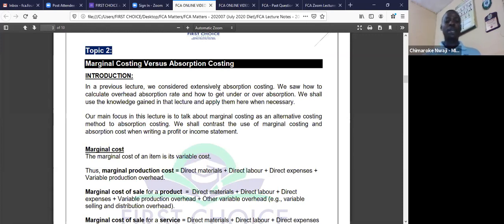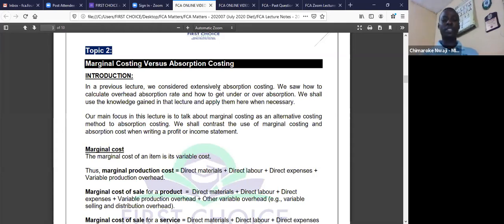So when we say marginal production cost, now we are channeling it down to production. It means that your direct materials, which are all variable costs, your direct labor, which are variable costs, your direct expenses, which are also variable costs, and any variable production overhead, all joined together give you marginal production costs.